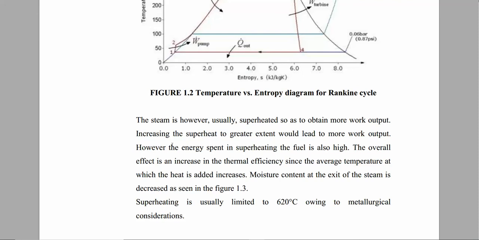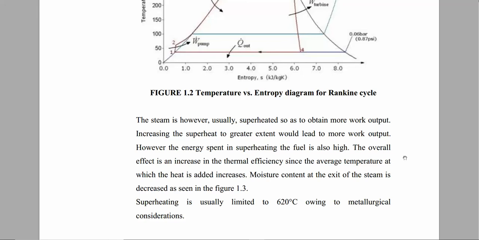The steam is, however, usually superheated so as to obtain more work output. Increasing the superheat to a greater extent would lead to more work output. However, the energy spent in superheating the fuel is also high.